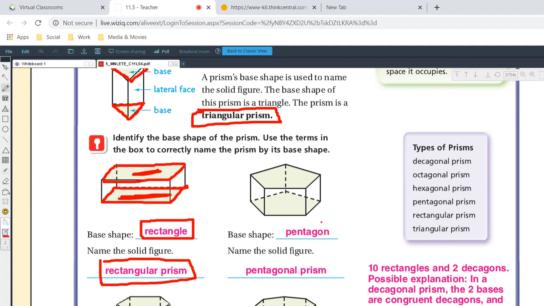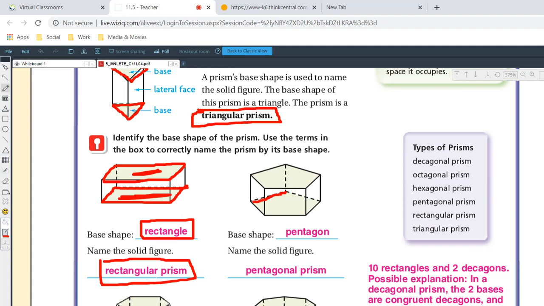The next one, the shape of its base is a pentagon. How can we know? As we said before in polygons, let's count the number of sides of its base, and according to the number of sides we identify the name of the base.